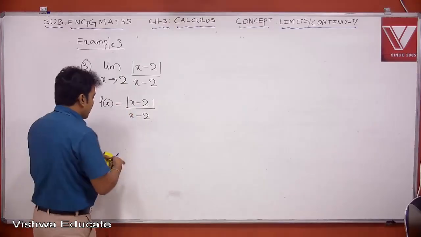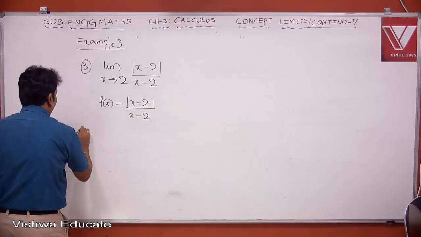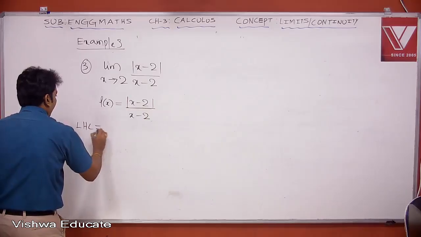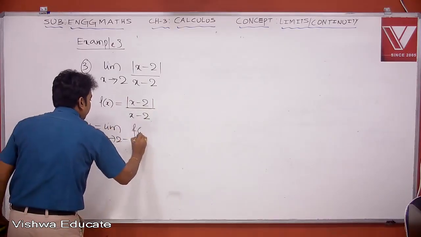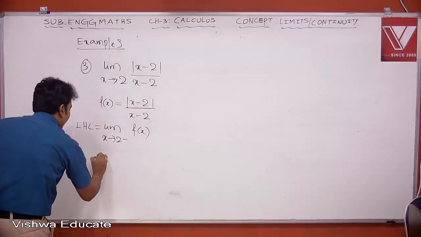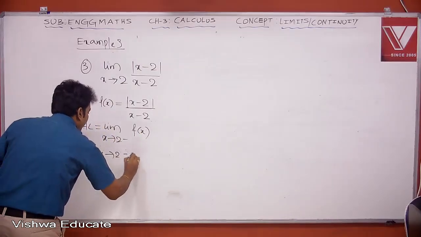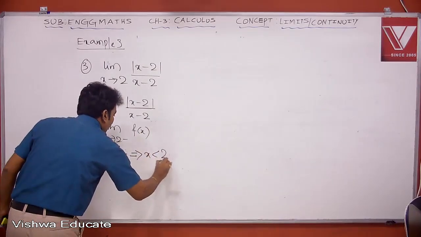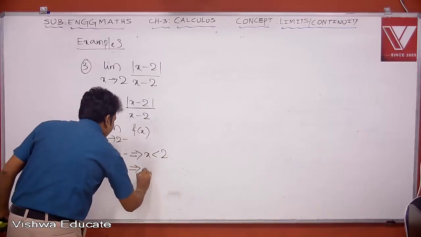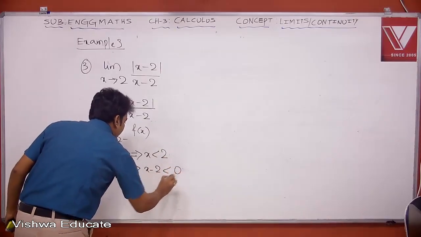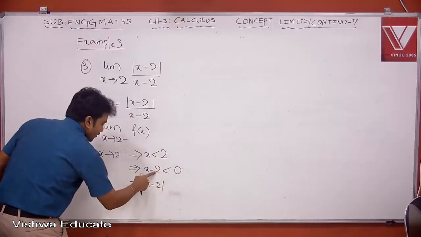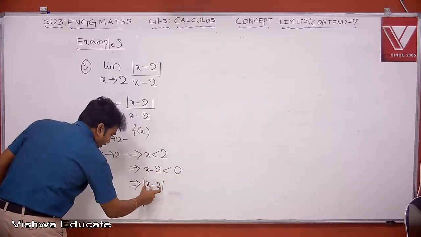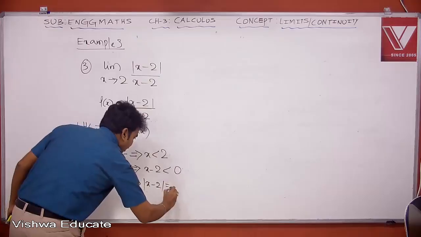Let us see. At first we calculate the LHL value. LHL equals limit as x tends to 2 minus of f of x. Here x tends to 2 minus means x is less than 2. When x is less than 2, x minus 2 is negative, so its modulus is minus of this.